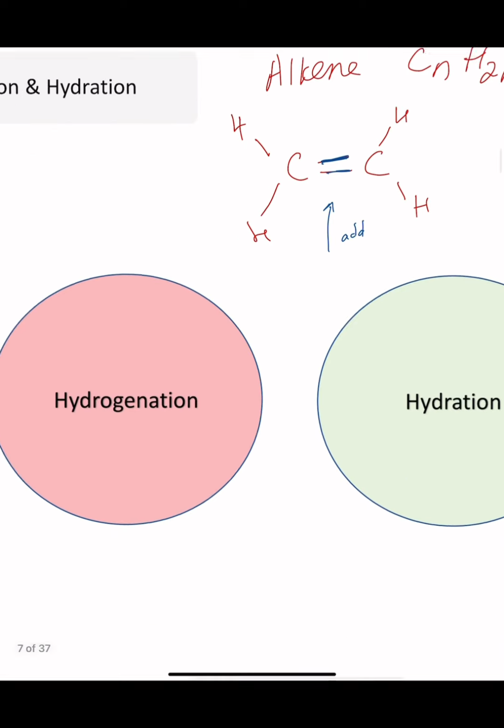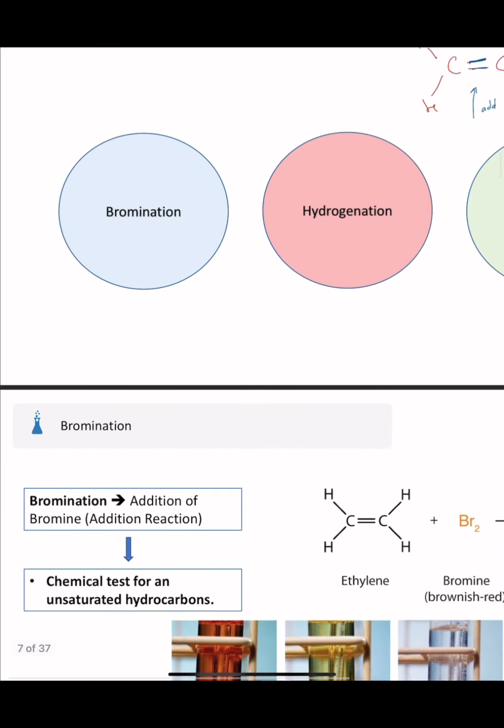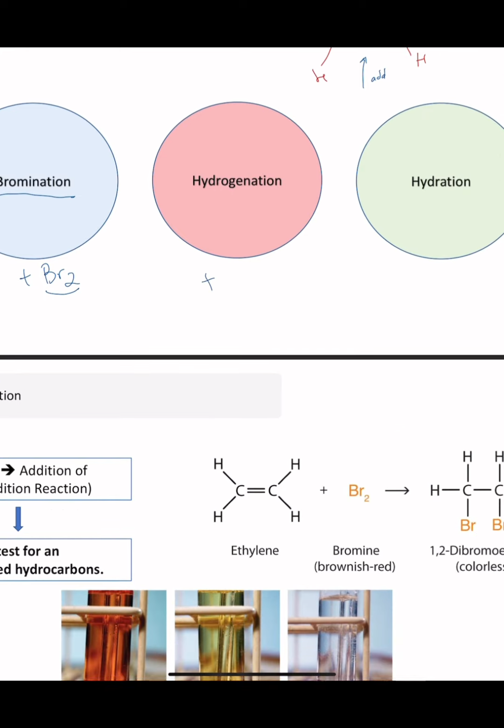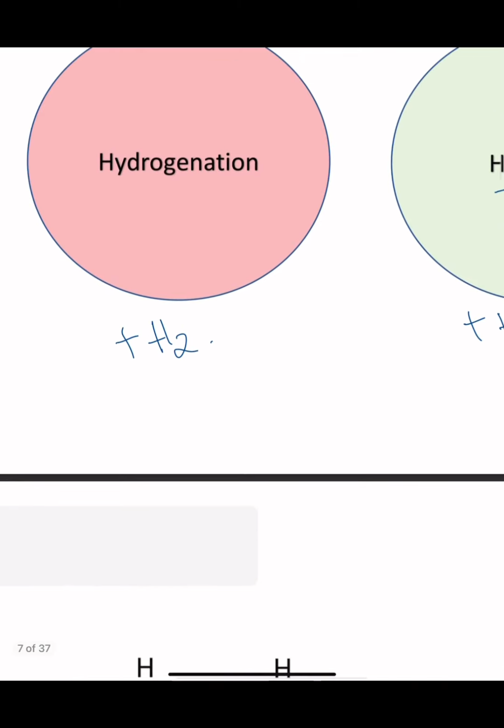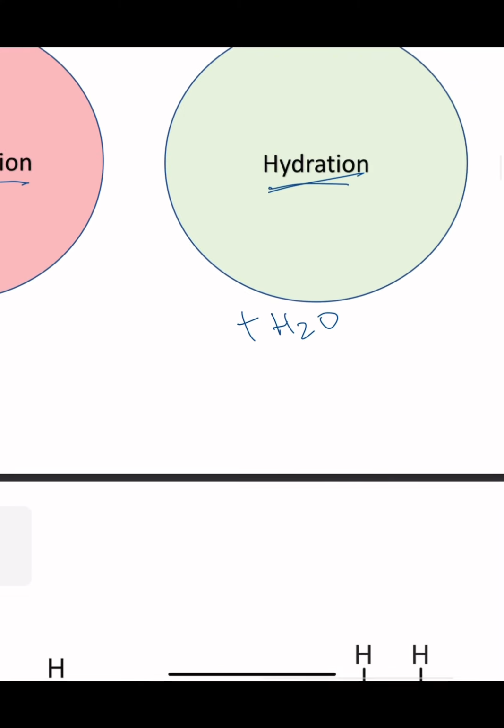And this addition is going to be done through bromination, meaning I will add bromine. Bromine comes in the diatomic form, like two bromines come together, okay? Hydrogenation, two hydrogens, it's adding hydrogens. And then we have hydration, meaning adding water. Please do not confuse hydrogenation, addition of hydrogen, with hydration, meaning addition of water.